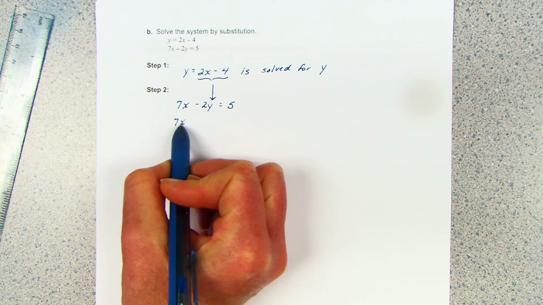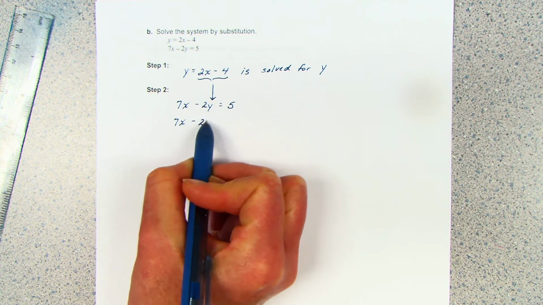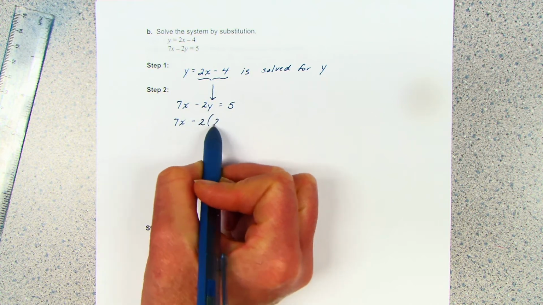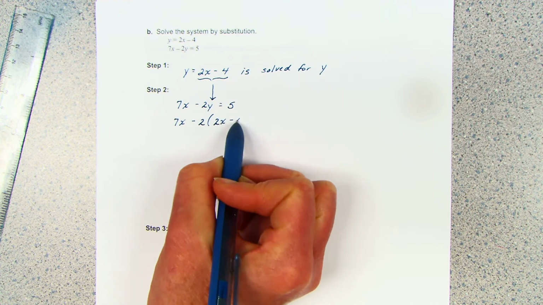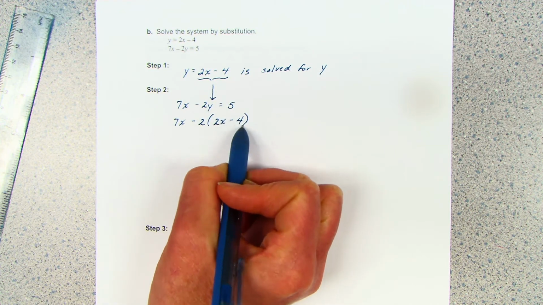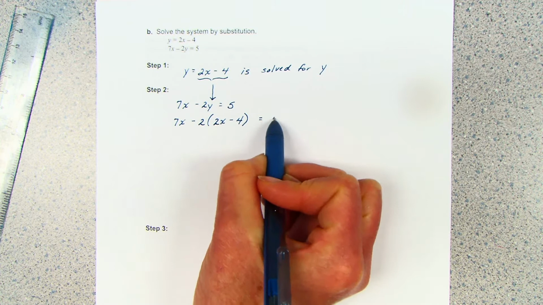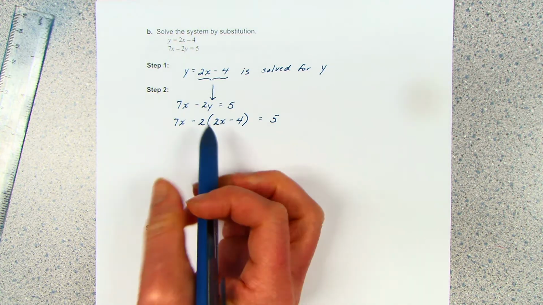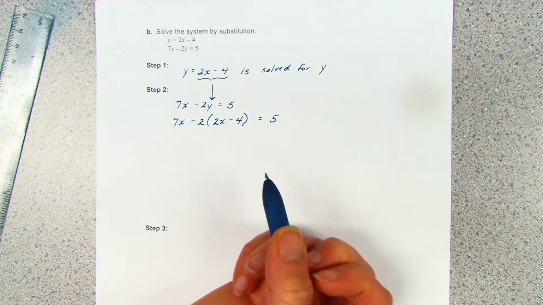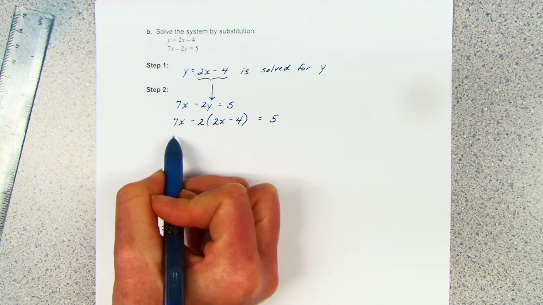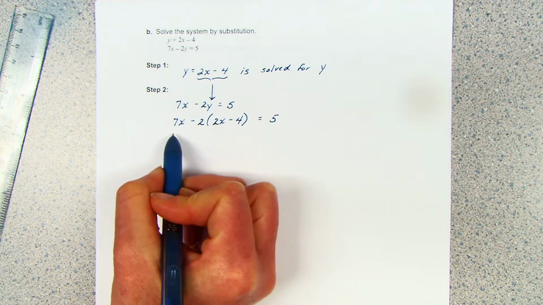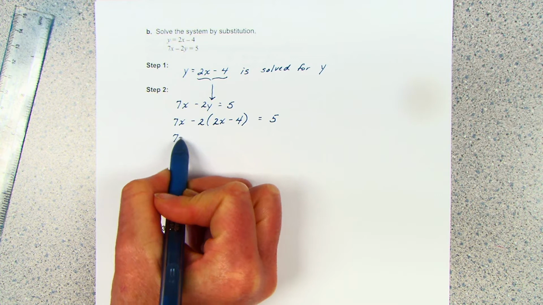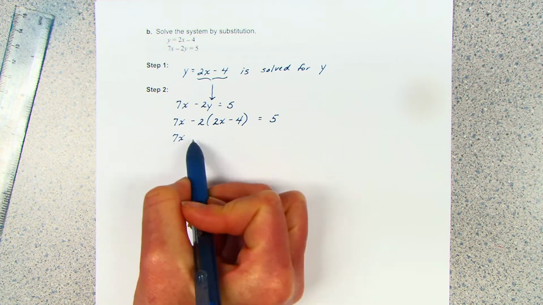So now I've got 7x minus 2 times 2x minus 4 equals 5. I'm going to use my distributive property.